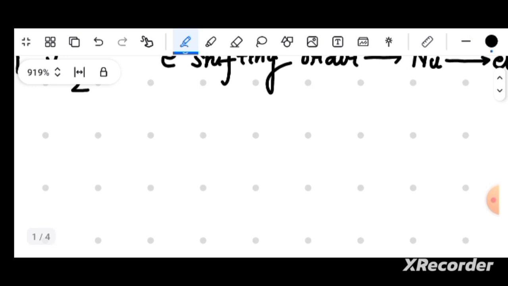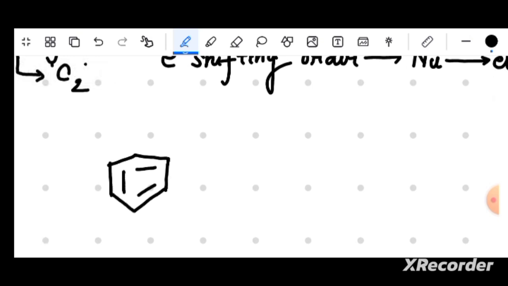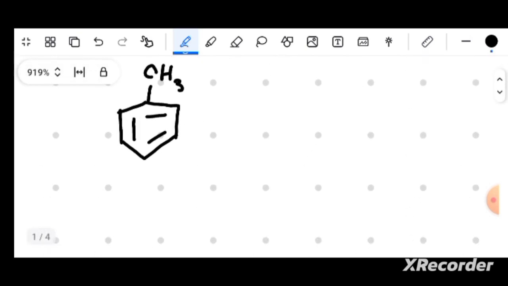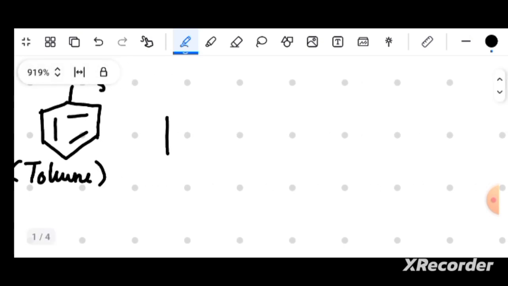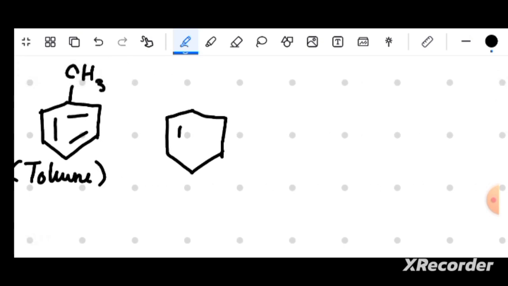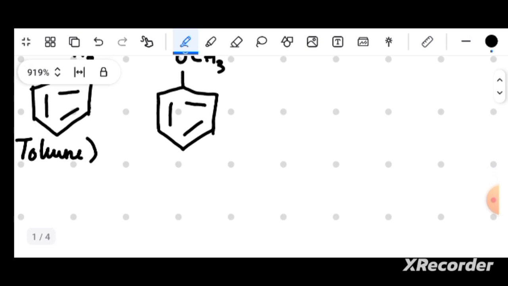So something like this, where benzene, at the top of benzene you have CH3, which is methyl benzene, is called toluene. Next, if it is OCH3, which is methoxybenzene, then it is called anisole.